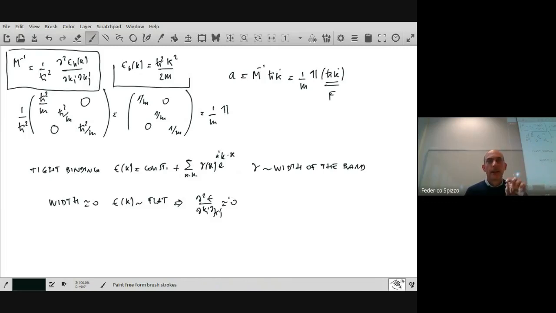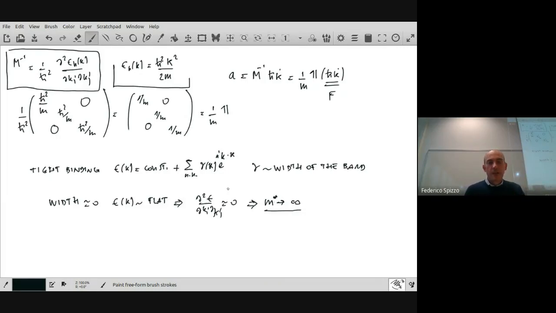So please take what I'm saying with a pinch of salt, it's not exact, just to give you the idea. So if that is small, then the actual mass of the electron goes to infinity because that is 1 divided by, more or less, the derivative. And infinite mass means it's difficult to move that electron.